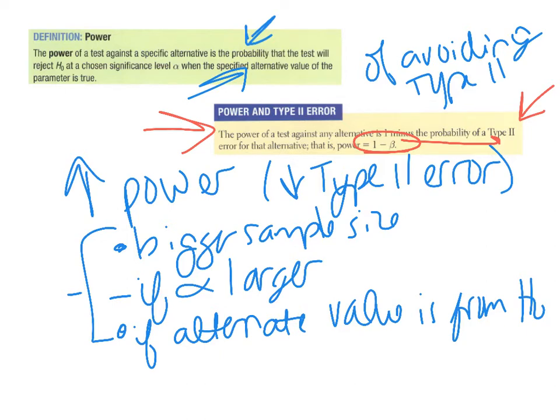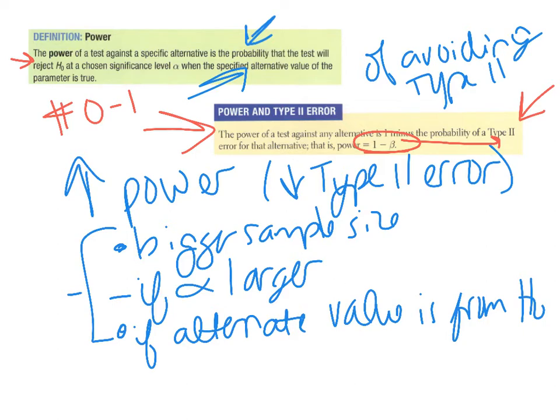Remember that power is a probability, so it's going to be a number between 0 and 1. The closer it is to 0, the test has almost no chance of correctly detecting that the null hypothesis is false. So the test is not as strong; the power of that test is not as good, because there's almost 0 chance that it's going to correctly reject the null hypothesis when the null hypothesis is false.